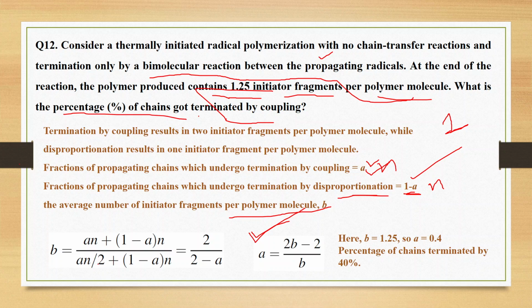Now when we have to get the total number of molecules that are there, during termination by coupling, two radical molecules are coming in contact with each other. Termination by coupling means when they are terminating, this contains one I species, this also contains one I species.